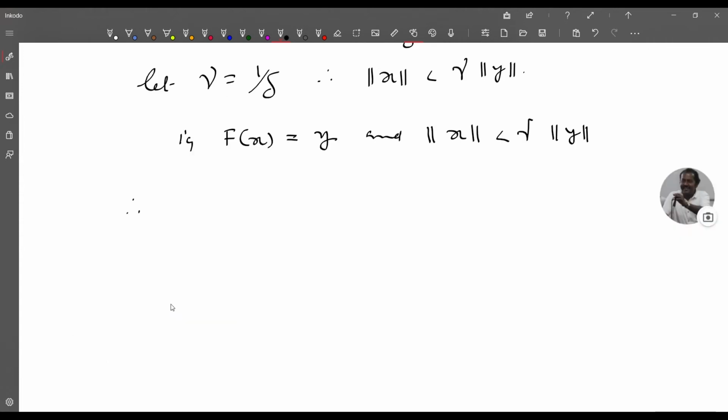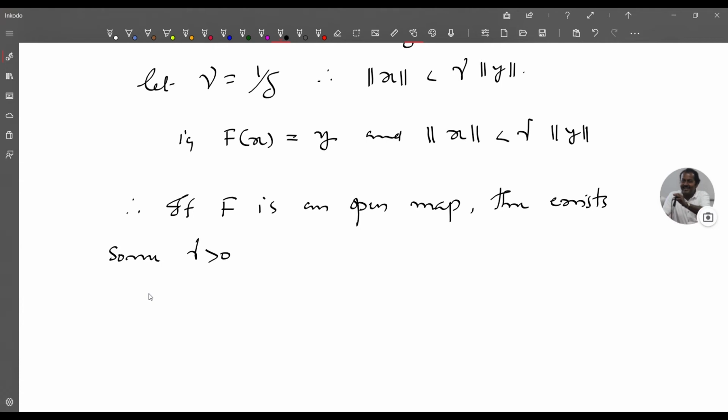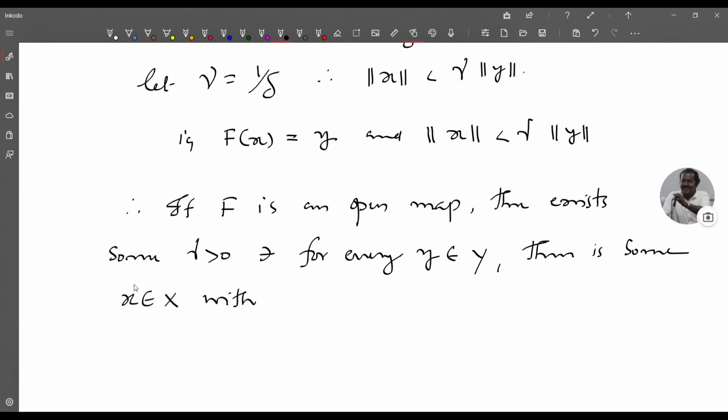Thus, if f is an open map, there exists some gamma greater than 0 such that for every y in Y, there is some x in X with f of x equal to y and norm of x less than or equal to gamma times norm y. So this proves one part.